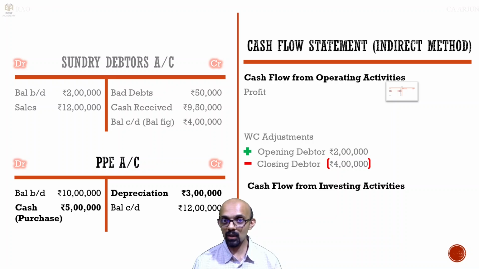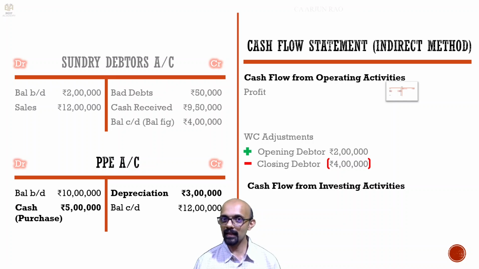We would also like to know how much equipment we have purchased, how much we have sold, have we raised any capital, have we paid any dividend, have we received any redemption. So these are all significant items. That's why both in AS3 and in AS7, cash flows from investing and financing activities are always shown directly. We don't group them together.